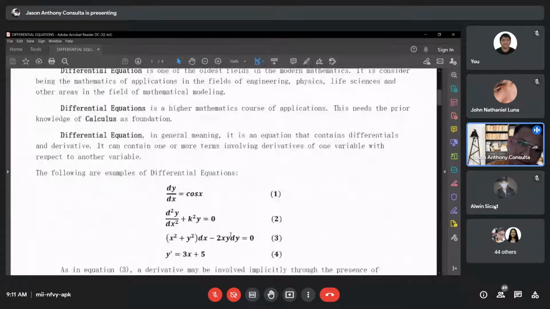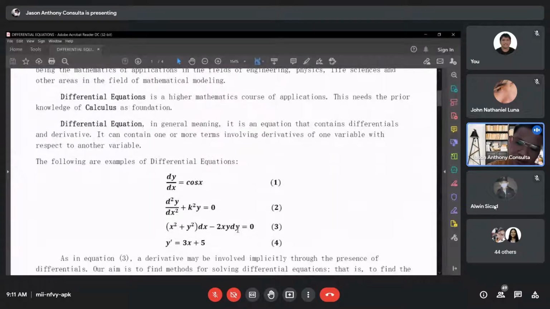The following are examples of differential equation. I want to hear kung paano nyo basahin itong mga differential equations na ito. Kasi importante na hindi lang marunong mag-solve, marunong din magbasa ng equation, okay?